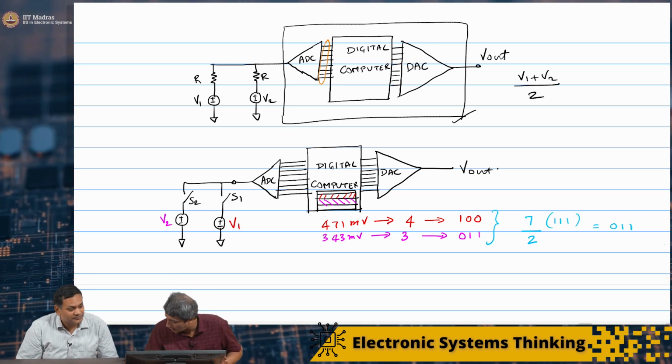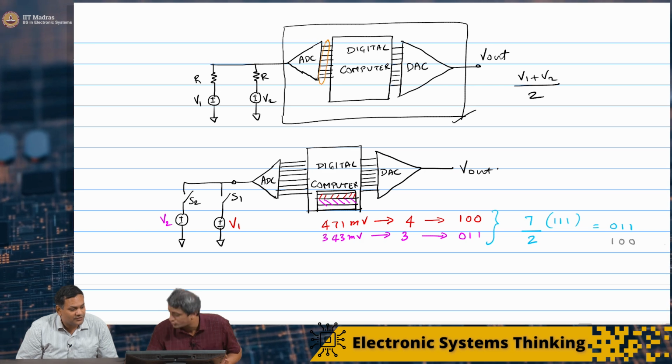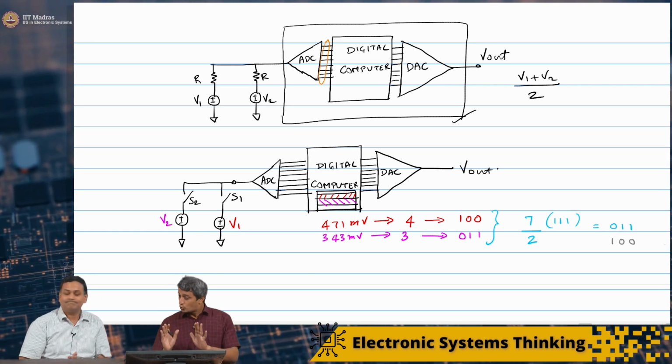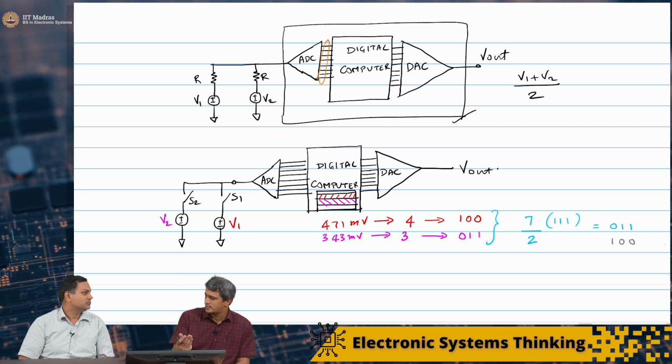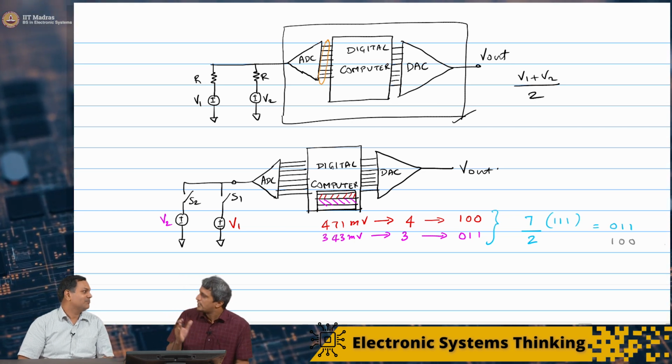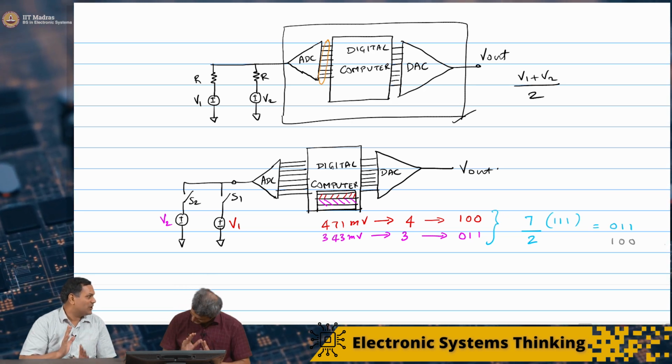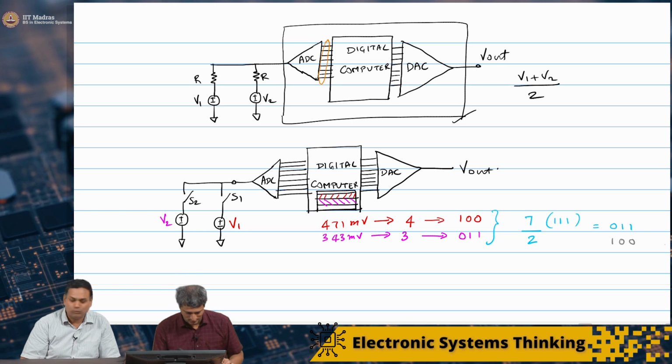Otherwise, you could round up, and it would be 100. Because of the quantization, you have to round up or round down. In this digital computation there will be this quantization error, where the last bit can change by one value.